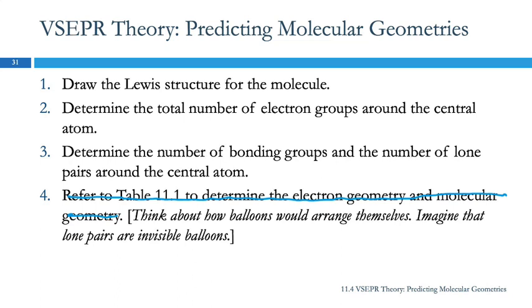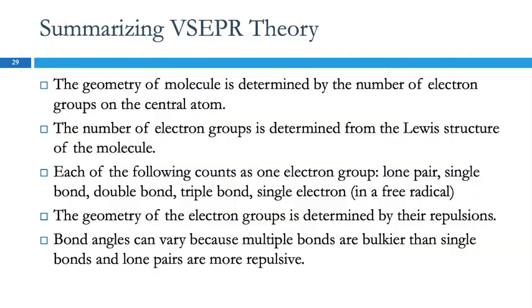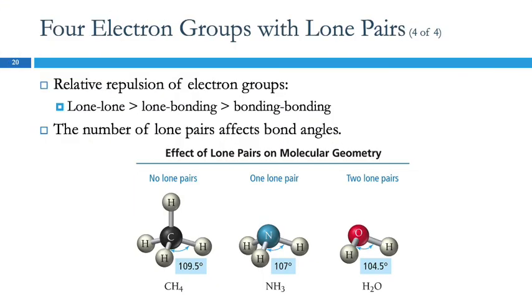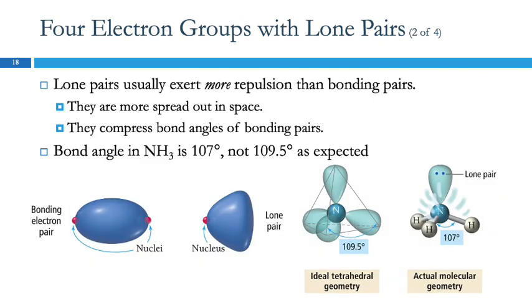Sorry, when you said balloons, the lone pairs, are they just sitting in an orbital, like the balloon is like an orbital? Well, they will have an orbital. I know orbitals kind of look balloon shaped. So this is more like what the lone pair would look like compared to the bonding pairs.